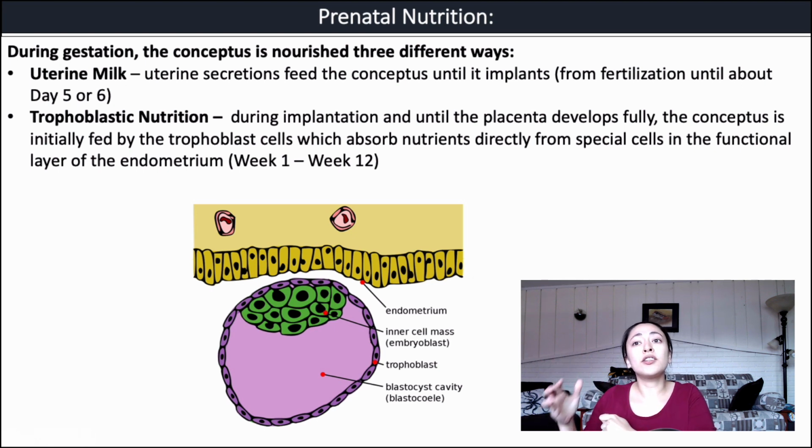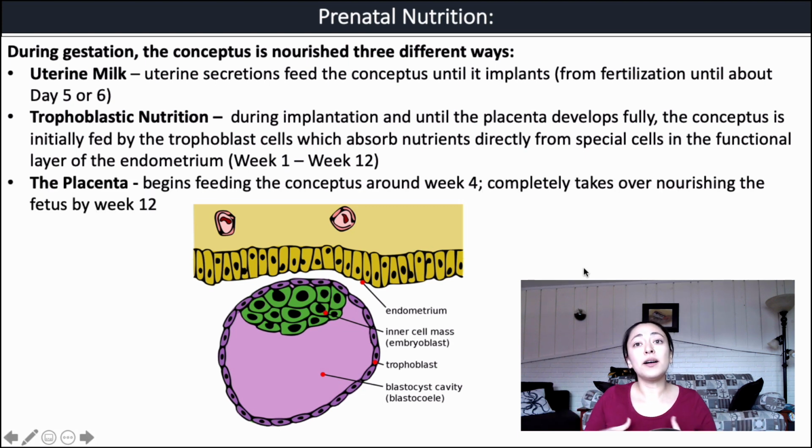And trophoblastic nutrition will continue from week 1, whenever the blastocyst starts to implant, until about week 12, when the placenta fully takes over. The placenta begins feeding the conceptus around week 4. However, it's being supplemented by trophoblastic nutrition. The placenta doesn't completely take over nourishing the fetus until about week 12, whenever it has fully formed.